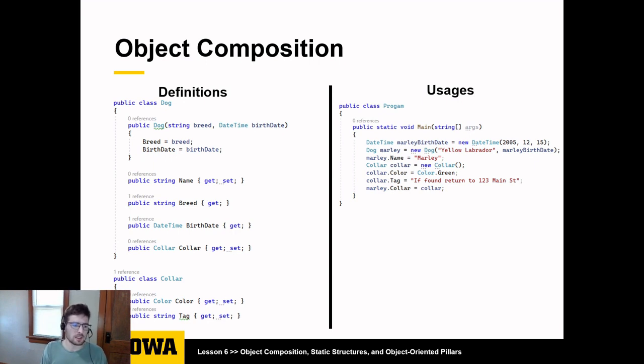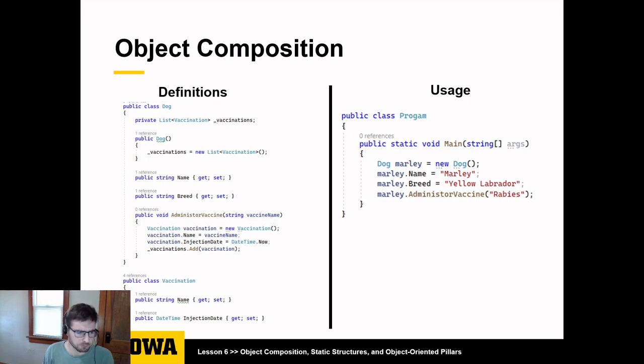Because if we didn't do this, then on our dog class we'd have to write collar color of type color and collar tag of type string. So we'd have to prefix everything with collar, but we can just put that in the definition of a collar. Okay, so that's on the simple end.